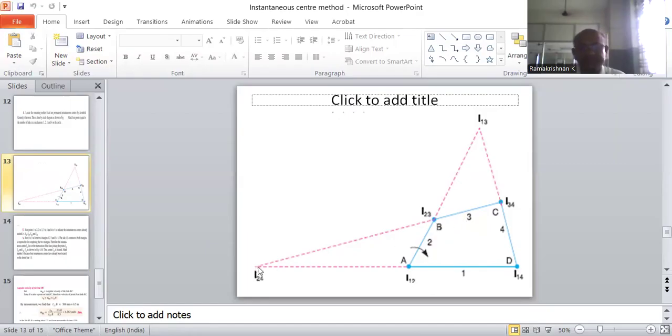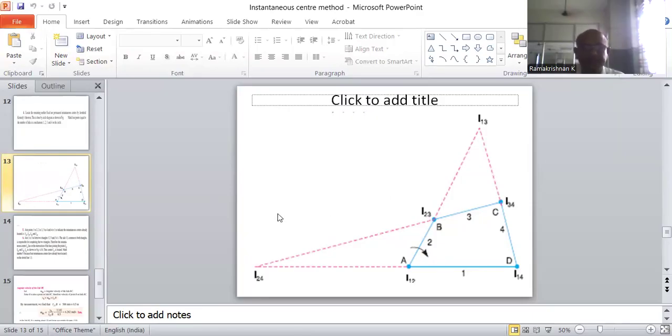On extending, the lines meet at a point, this is I24. Similarly, I13 is the junction of the two pairs of instantaneous centers I12, I23 and I34, I14, as can be understood from the circle diagram. It is similar to the previous session. So from this, all the instantaneous centers have been located.